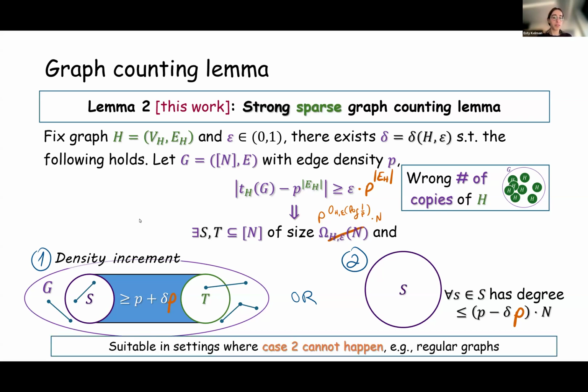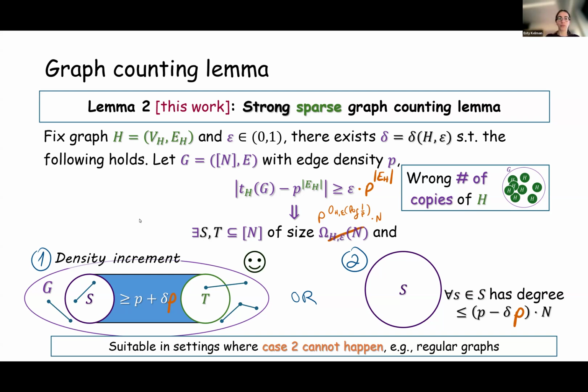Why? Because sometimes it just cannot happen. For example, if we start with a regular graph, where all vertices have the same degree, case 2 cannot happen, and then we have density increment. Actually, much of our effort was devoted to proving this lemma.